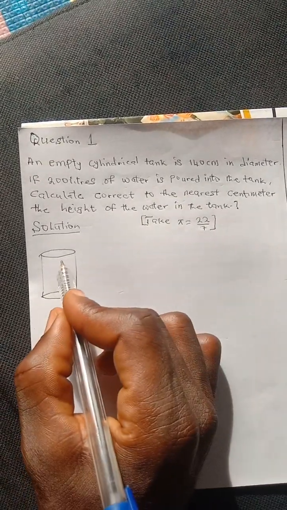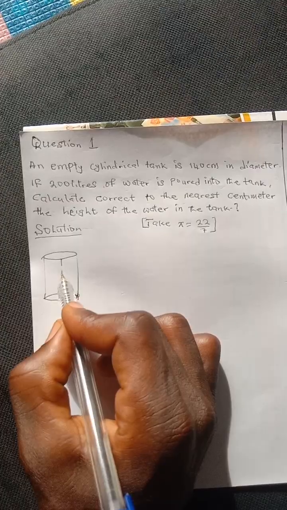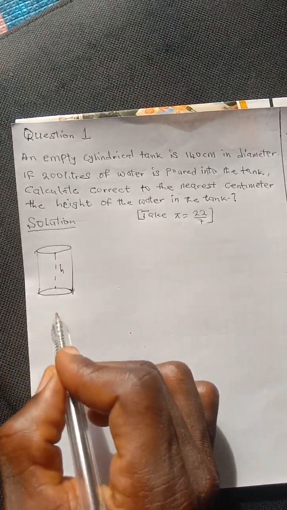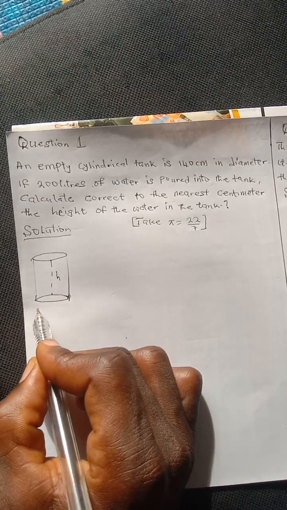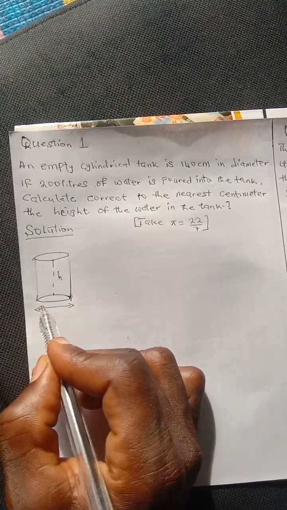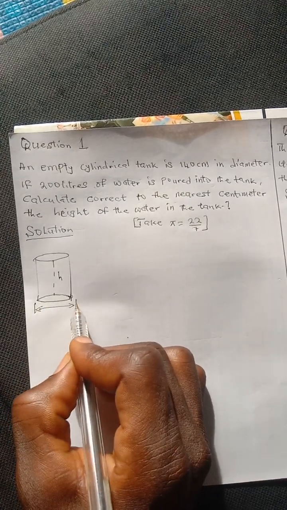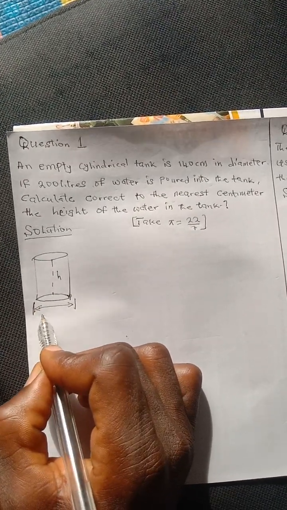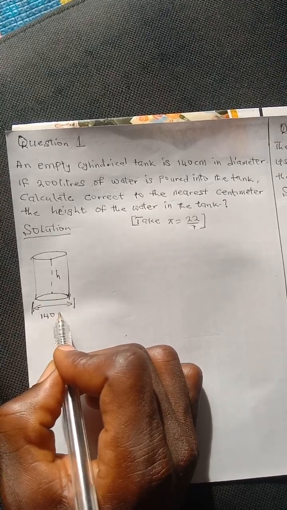And this is the height of the water in the tank they are talking about. And don't forget, this is the diameter of the cylinder, which is 140 centimeter.